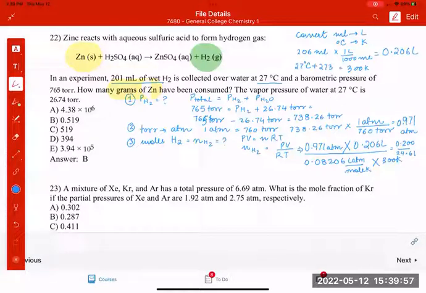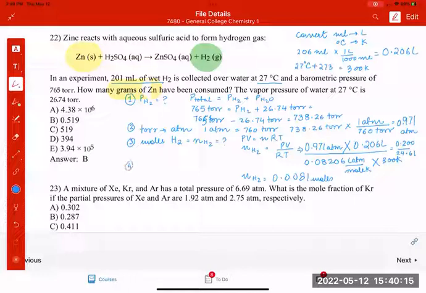So 0.200 divided by 24.61 gives the number of moles of hydrogen, which comes out to be 0.0081 moles.